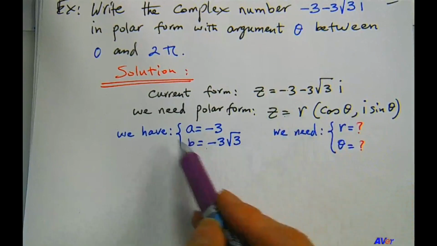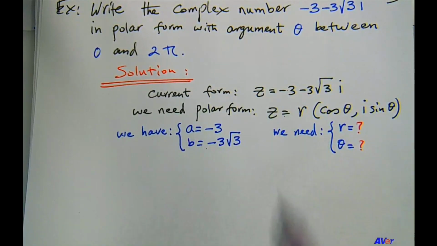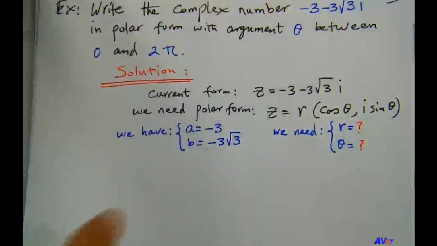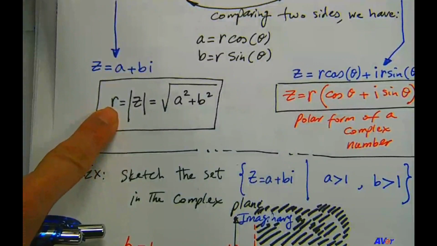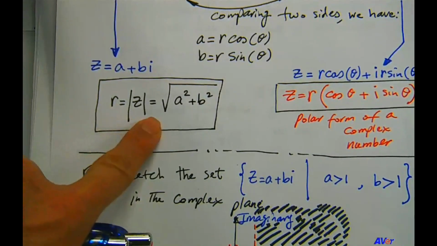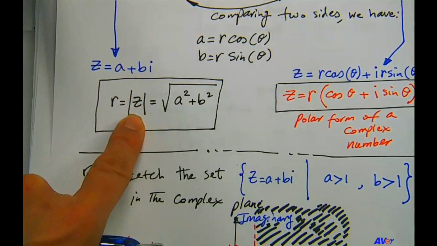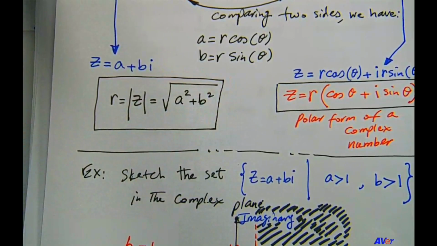Now, given what we have, how can we find r? Well, let's remind ourselves of the tools we discussed on the previous page. If you have a and b, r can be found using the modulus formula. r is equal to the absolute value of z, just a different notation for r, which is equal to the square root of a squared plus b squared.